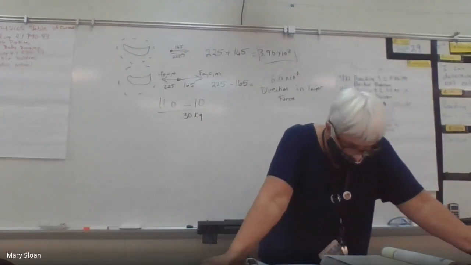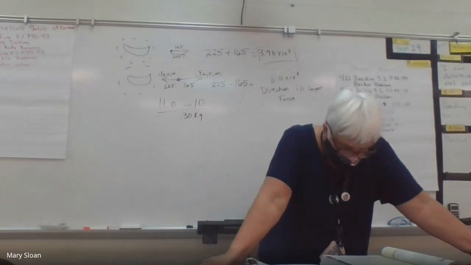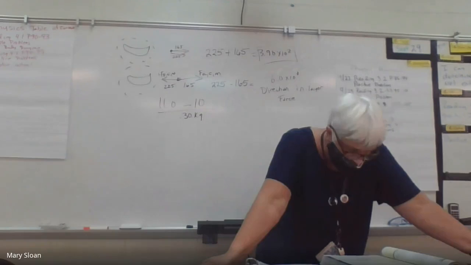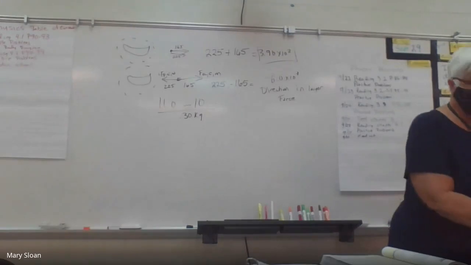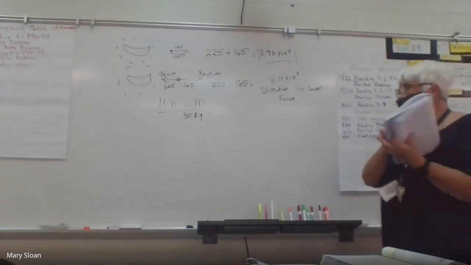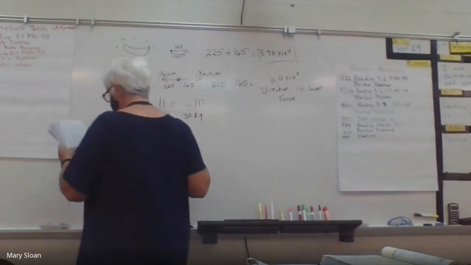A spring scale is used to exert a net force of 2.7 newtons on a cart. If the cart mass is 0.64 kilograms, what is the cart's acceleration? So what do we want to write down as far as our information?